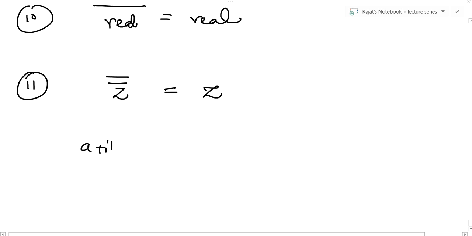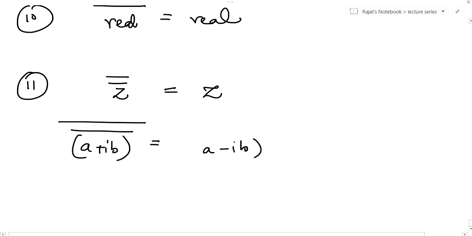Suppose you have a plus ib, you take the conjugate and this will be a minus ib, again conjugate, and this will be a plus ib. So if you take the conjugate an even number of times, you will get the same complex number. If you take the conjugate an odd number of times, you will get the complex number with the opposite sign. These are some of the basic ideas.